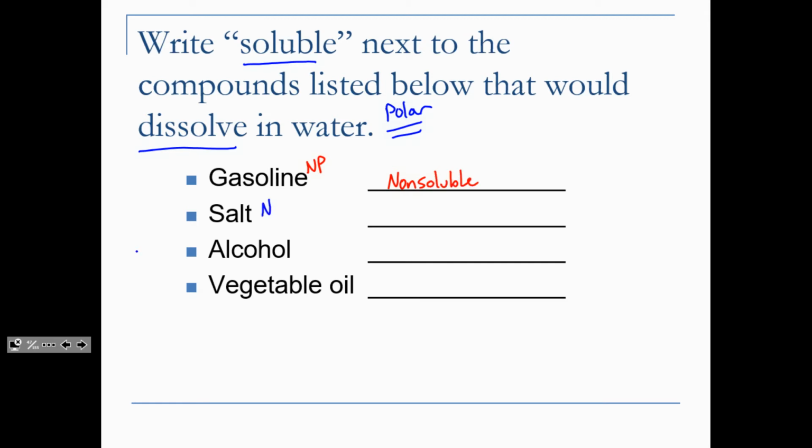Salt, NaCl, that's an ionic compound, and we know that ionic dissolves in polar, so we're going to say soluble. Alcohol is a polar compound, which would dissolve in other polar solvents. And then oils are non-polar by nature. They do not mix, so that would be a non-soluble.